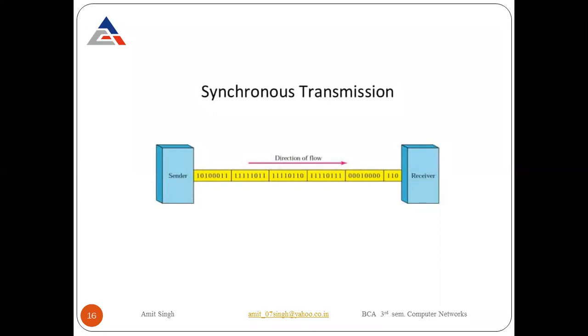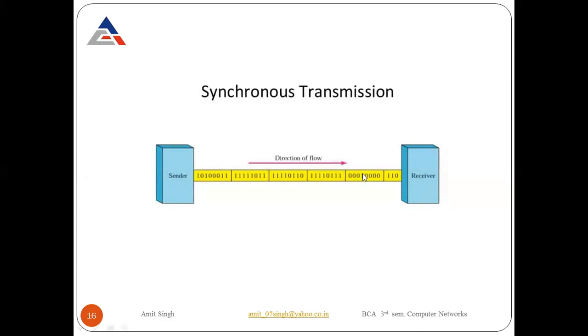The two main important things are, as we discussed in the last slide, the first is no gap is there, and the second is no start and stop is there. Now look at the data. Is any gap there? No, no gap is there. 0 1 1 0 0 0 0 1 0 0 1.